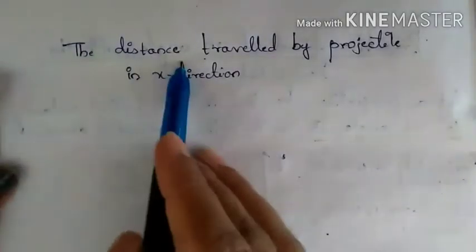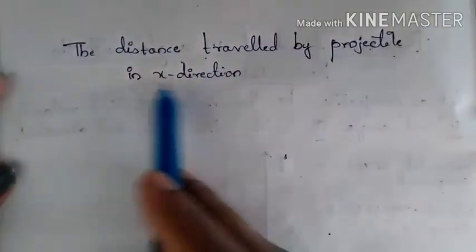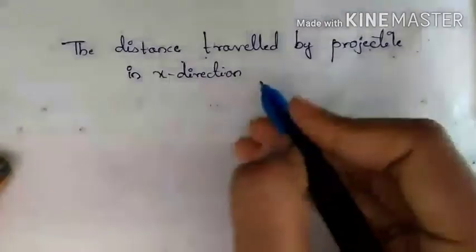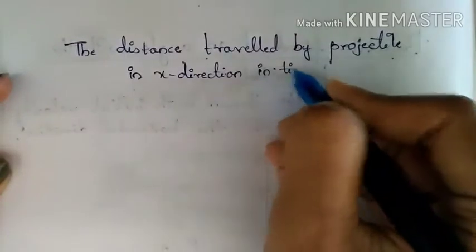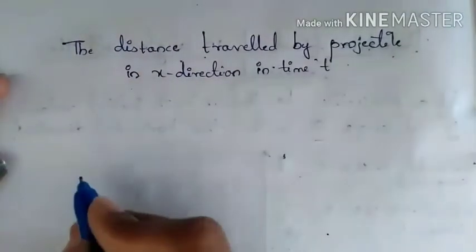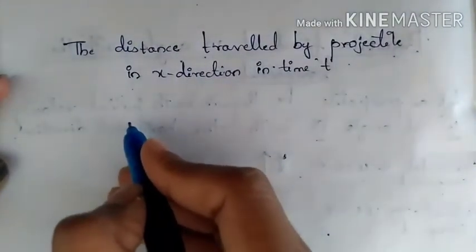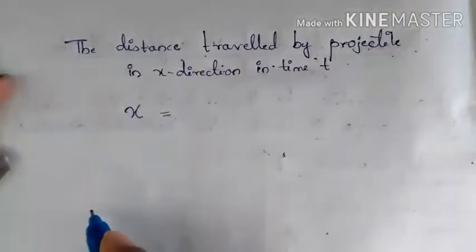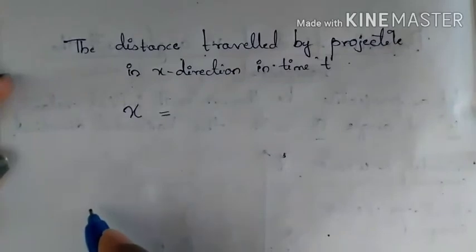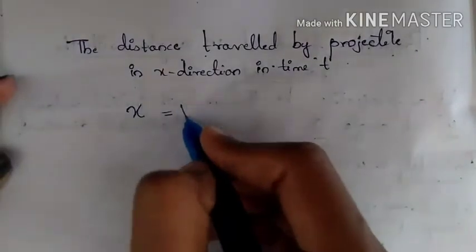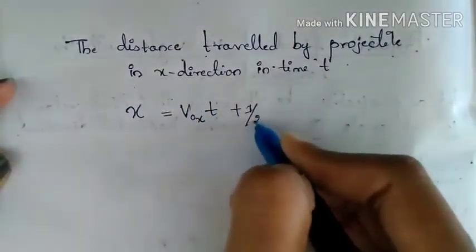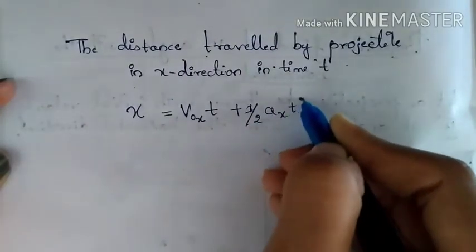So now what will be the distance travelled by projectile in x direction? To find this, in a time t, we know the kinematic equation. So x will be equal to what? S is equal to ut plus half at square. So here we have x component as v naught x t plus half ax t square.